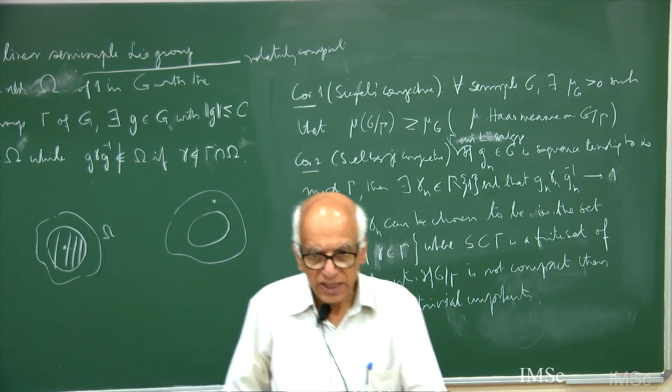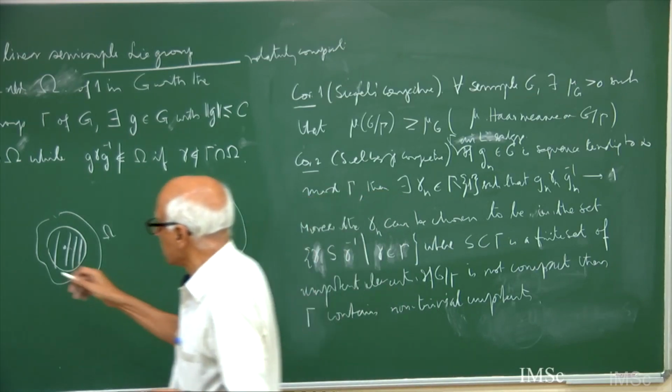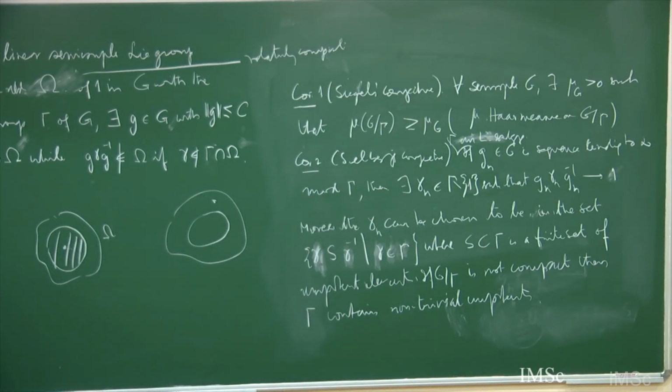So at the penultimate stage, you are looking at the element g_1, g_2, ..., g_r gamma intersection omega, sorry, g_r gamma intersection omega is going to be empty.